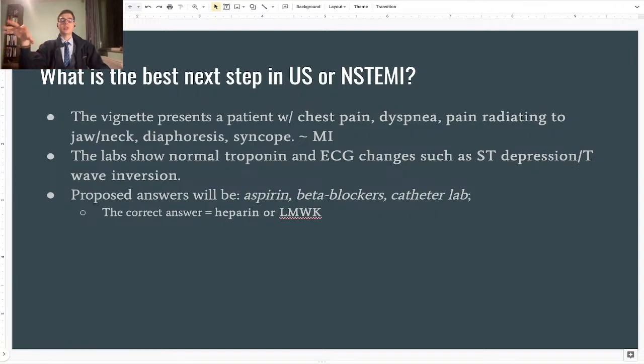Now, in order to narrow down from acute chest syndrome to unstable angina or non-STEMI, and to differentiate from STEMI, you have to take a look at the labs that they will give you.